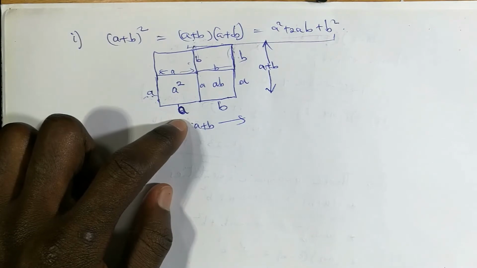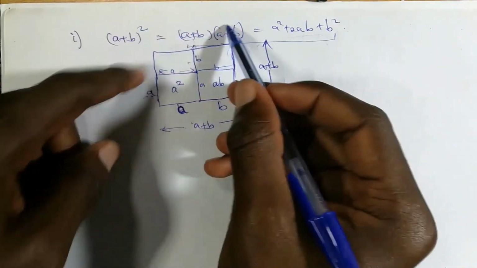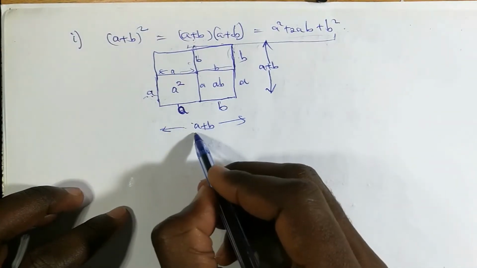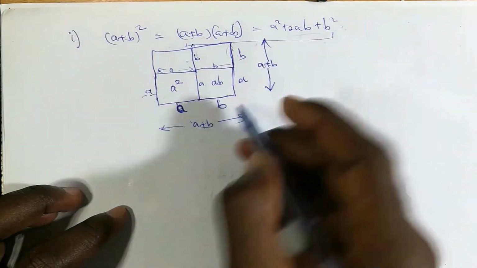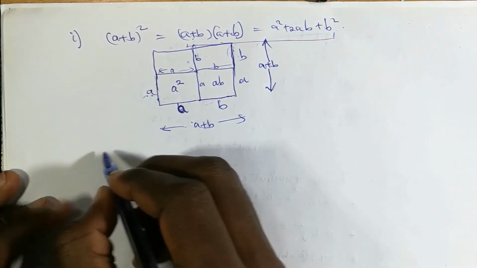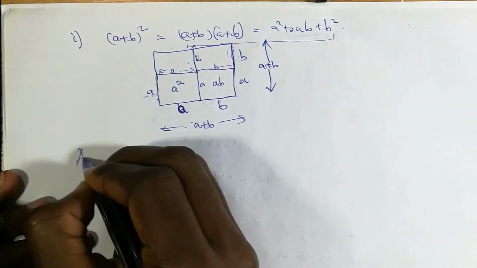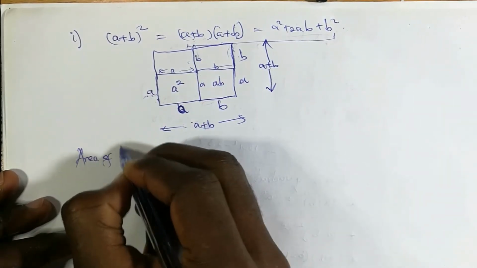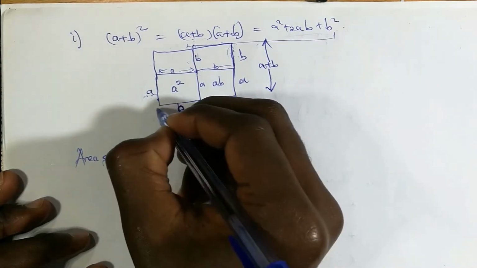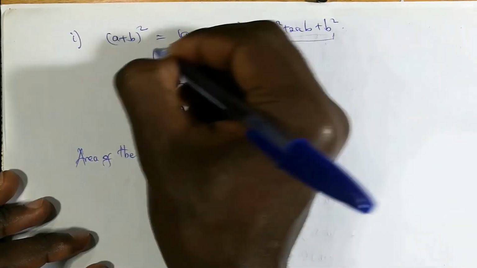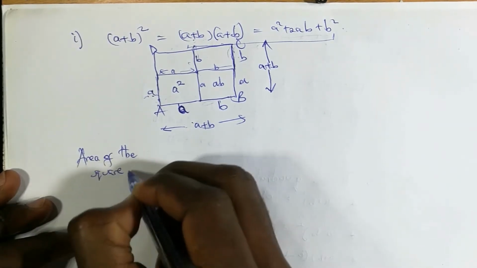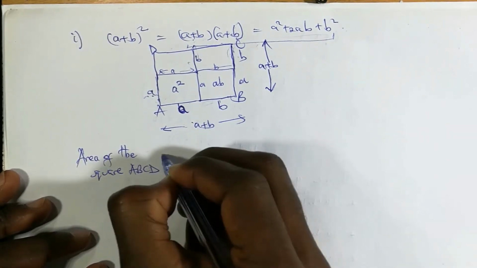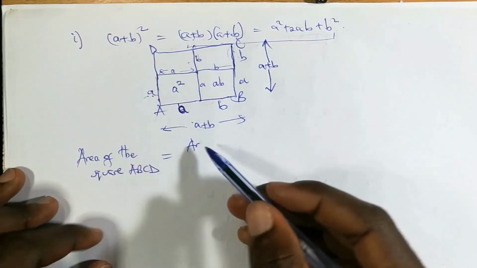So now how do we create this a plus b multiplying itself? That means we're going to have the area of the whole square, same side, you see that? Let me say the square ABCD is going to be given by area.